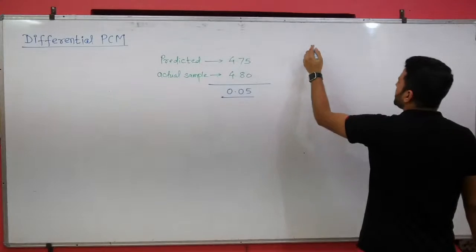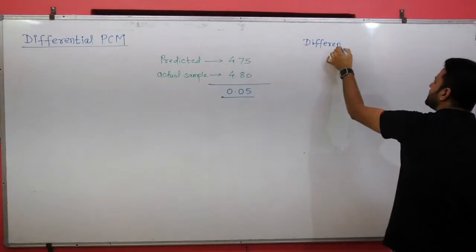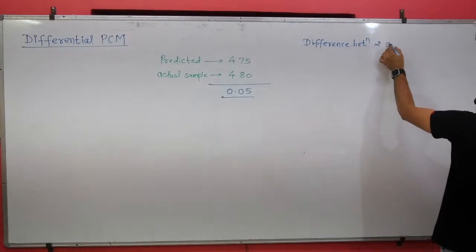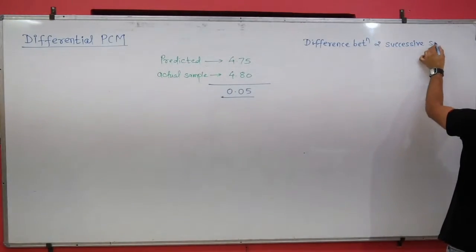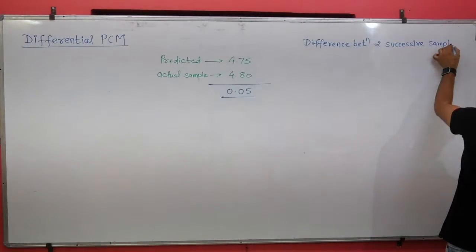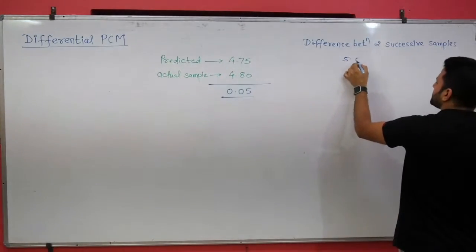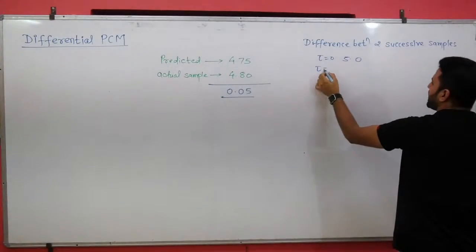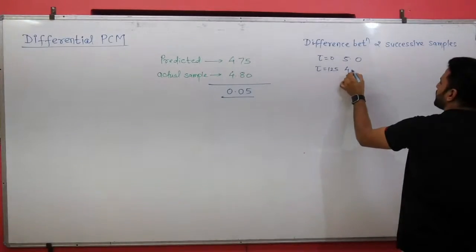So when we took the difference between two successive samples, we got the value 5 at tau equal to 0 and at tau equal to 125 microsecond, we got the value 4.8.